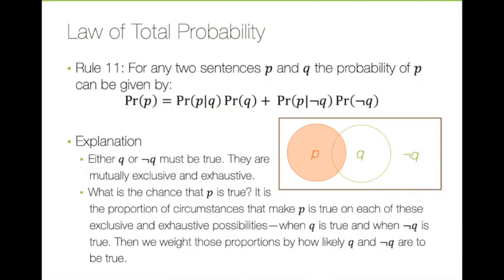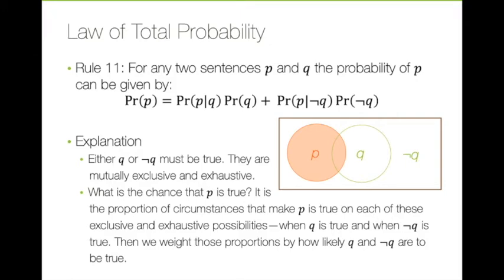How do we make some further sense of this rule? It turns out that despite the fact that the formula looks pretty complicated, the basic idea is relatively straightforward. First, either Q or not Q must be true. So Q and not Q are mutually exclusive and exhaustive possibilities.